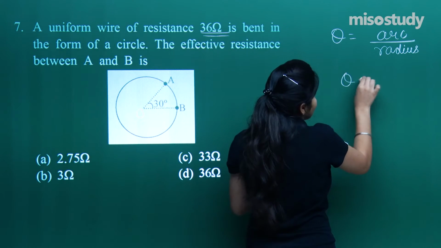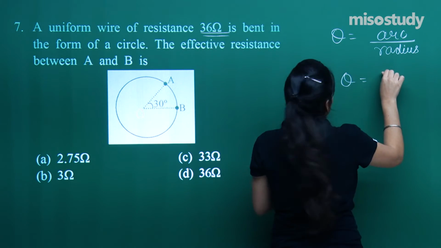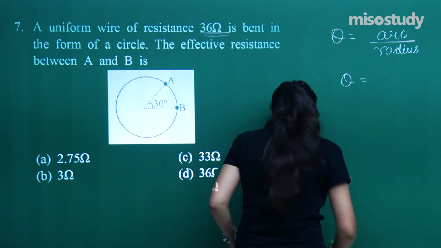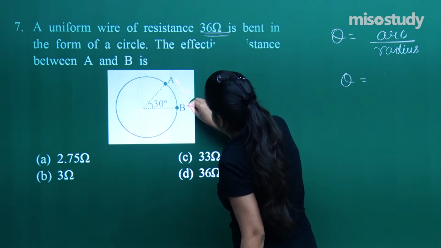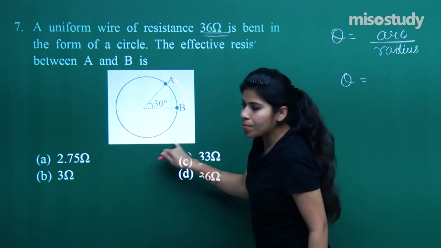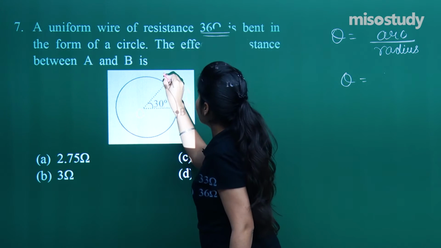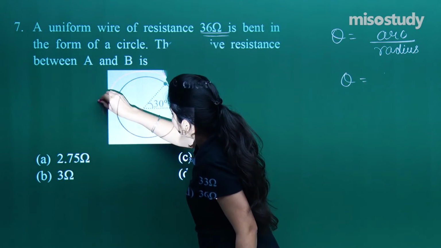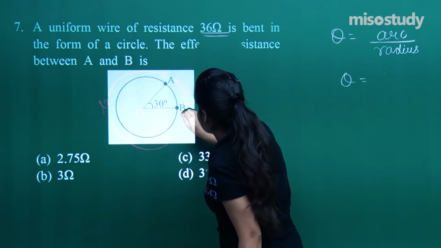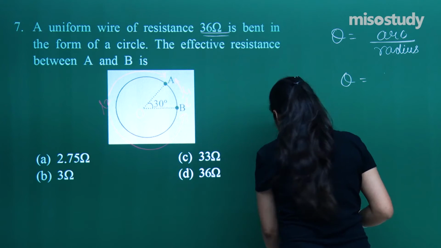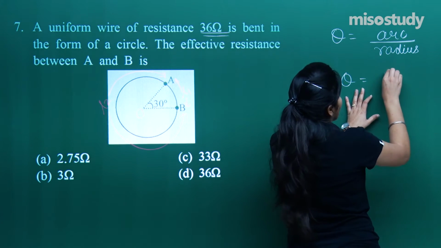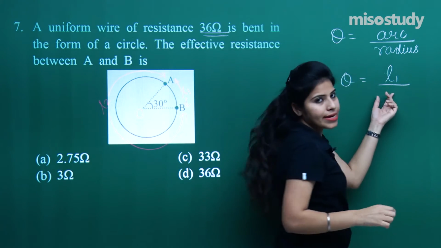So my theta will be arc, or you can consider this AB as, say, L1, and this remaining length can be considered as L2. So this is your L2. Now theta equals arc, that means L1 upon radius.